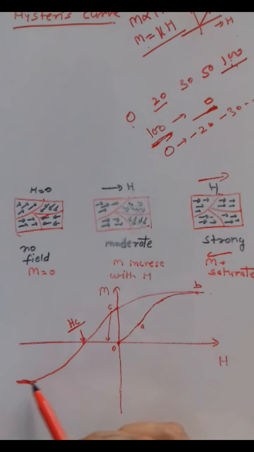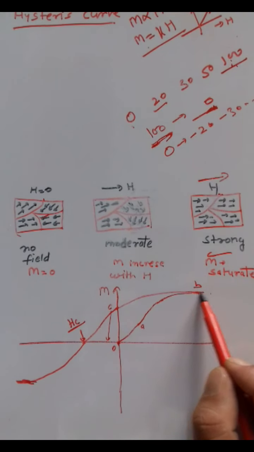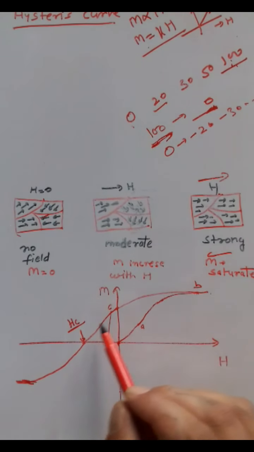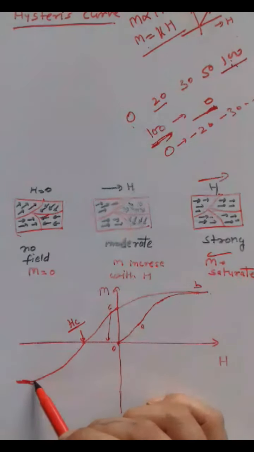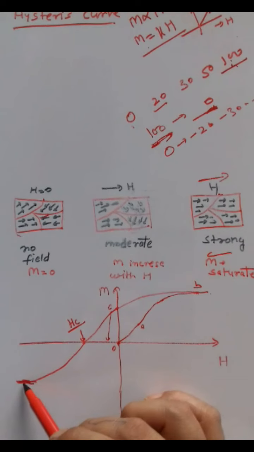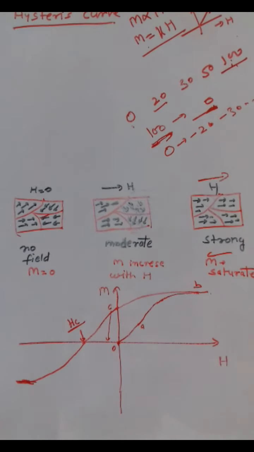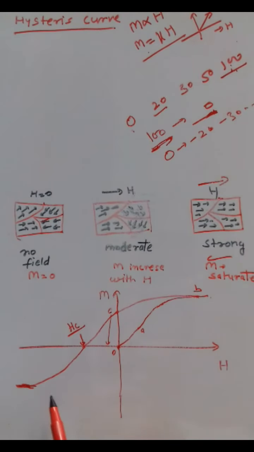First we had saturation in this direction. Now if we apply the external field in the opposite direction, we will get saturation in the other direction. Suppose at this point the field is -100 units.